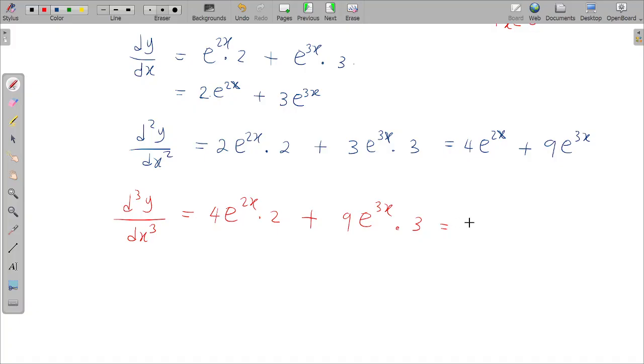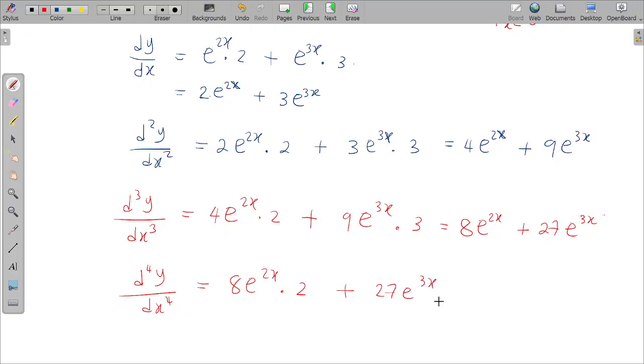Okay, this simply gives us 8e^(2x) plus 27e^(3x). Okay, that's fine. Then we go to the fourth one. That will give us 8e^(2x) multiplied by 2 again, plus 27e^(3x) multiplied by 3.